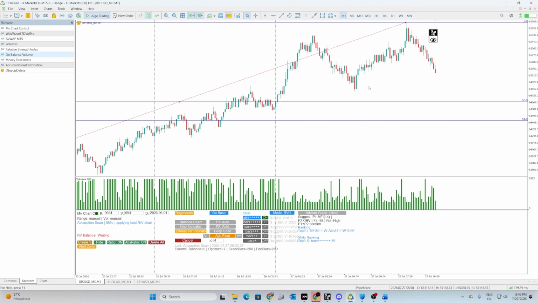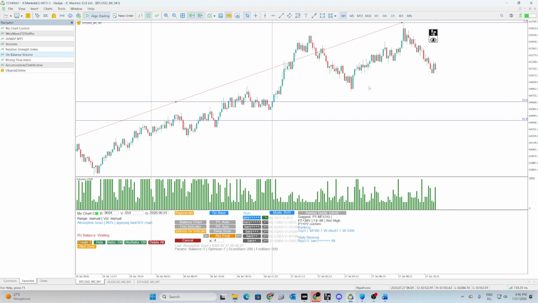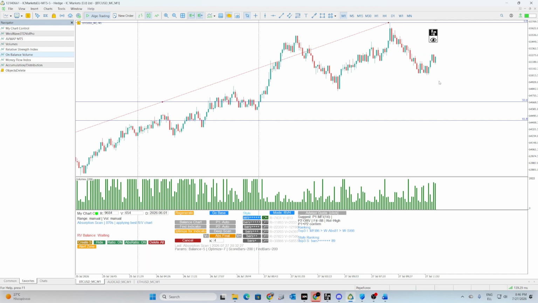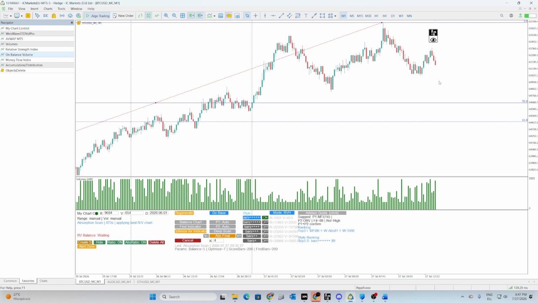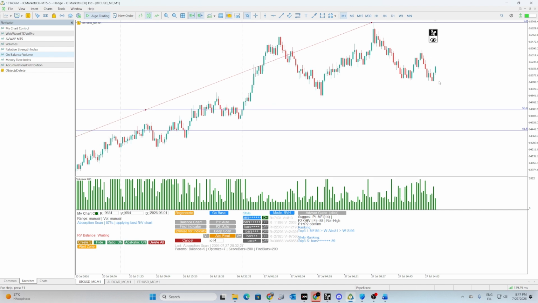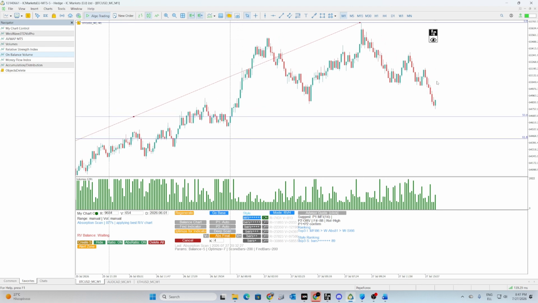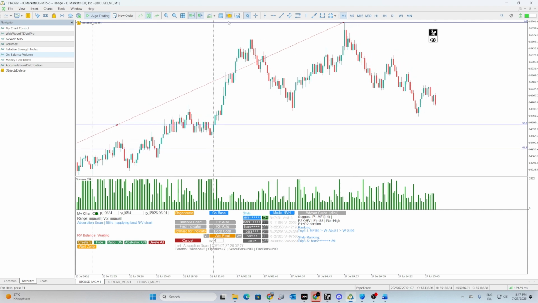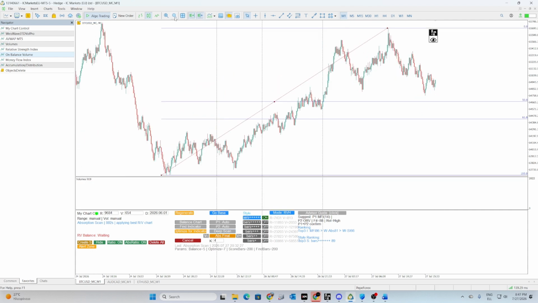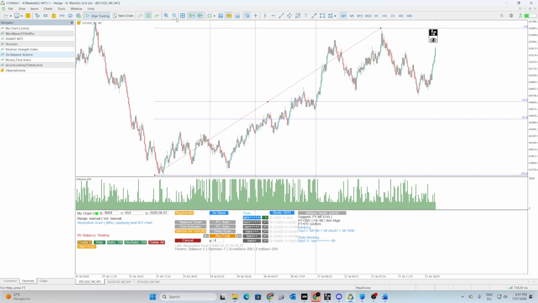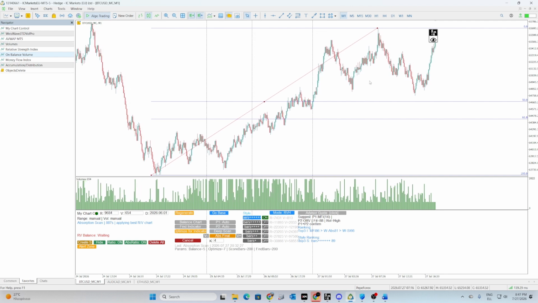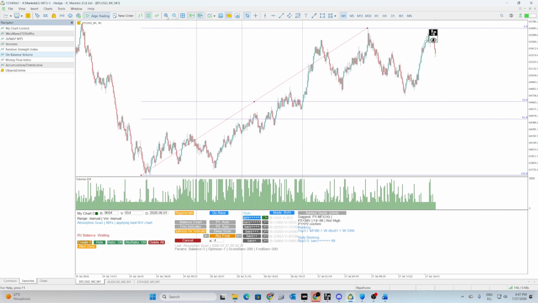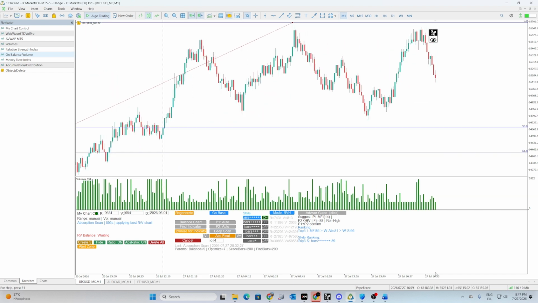All right. Some pullback. Let's see if we're going to get more clusters coming down. Not too much. Maybe we'll hit the fib. Let's see. No. You're looking at the time.